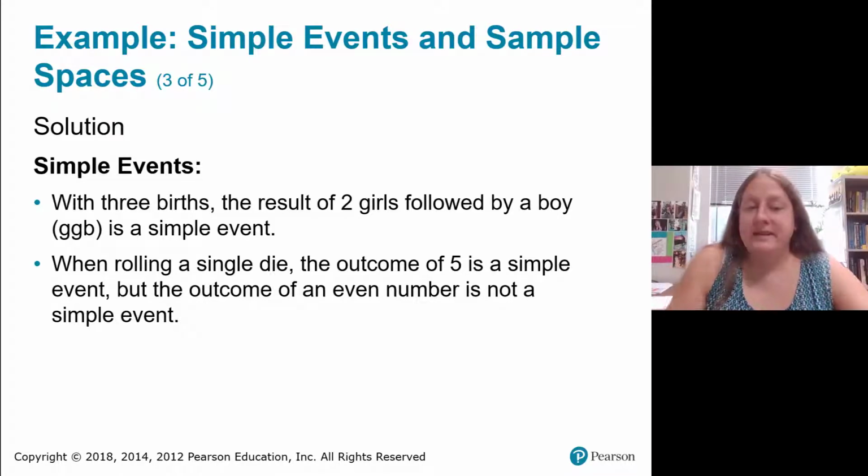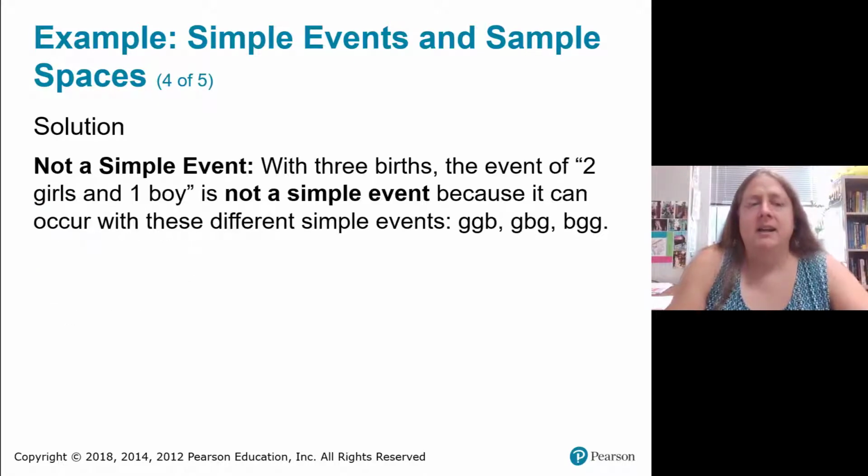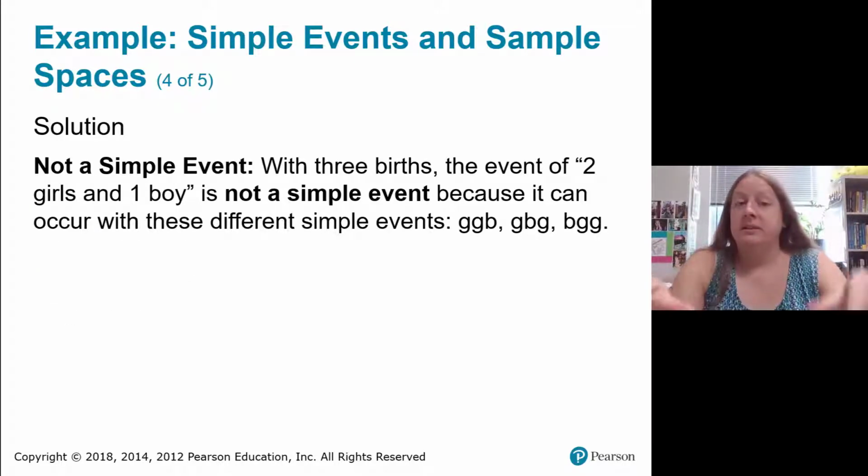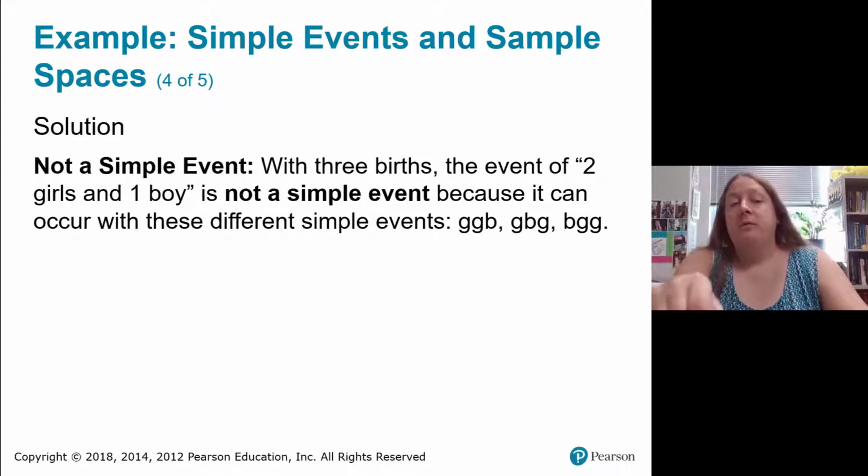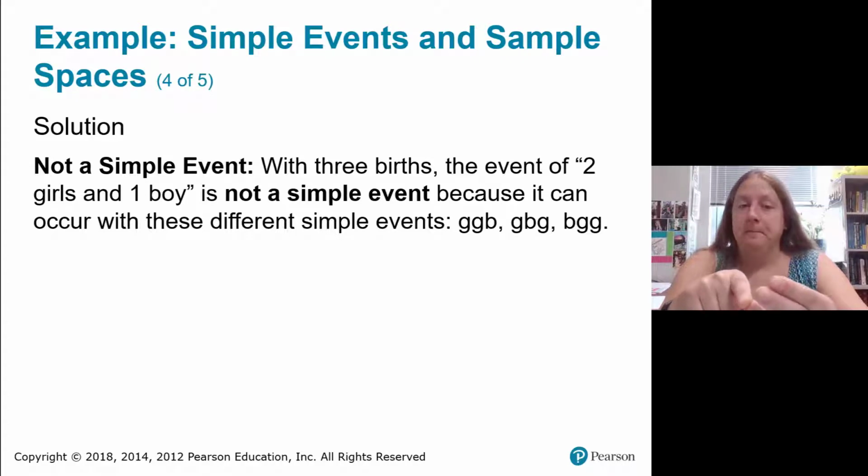Right? So translating that example with the die into what's going on with these 3 births, when we said that we had 2 girls followed by a boy, we had that simple event of girl, girl, boy.